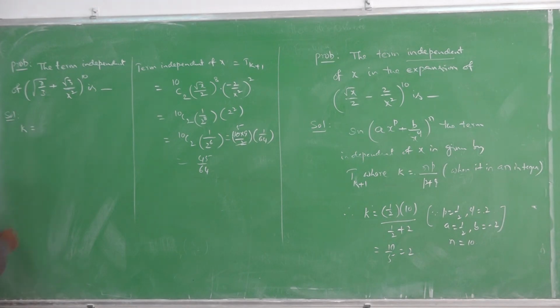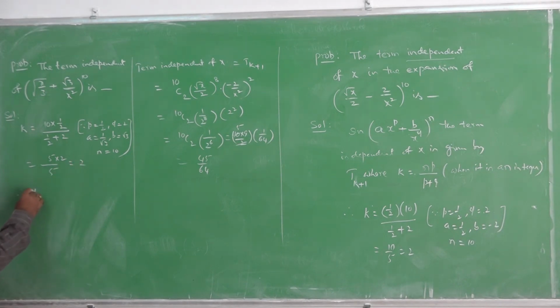K takes the value 10 into 1 by 2, since p is 1 by 2, by p plus q. Since p takes the value 1 by 2, q takes the value 2, a takes the value 1 by root 3 and b takes the value root 3, n takes the value 10. Np by p plus q, 5 by 2 by 5 by 2, that means 2.